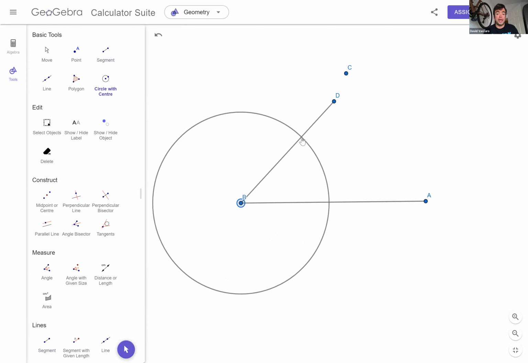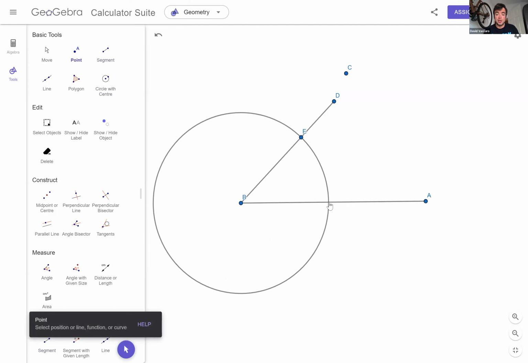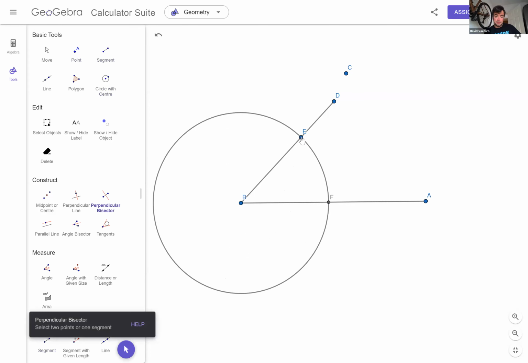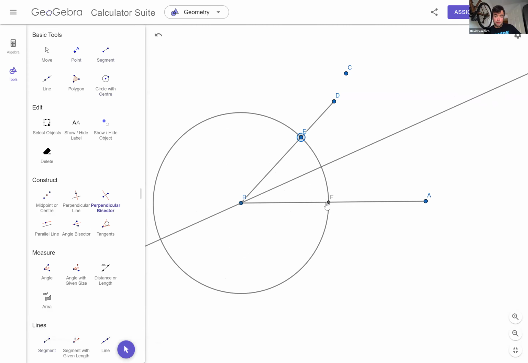Okay, because if I just draw any circle, where that circle meets my enclosed angle, those points E and F, this triangle EBF is going to be an isosceles triangle. But if I now just get the perpendicular bisector of E and F, that will also be the angle bisector.